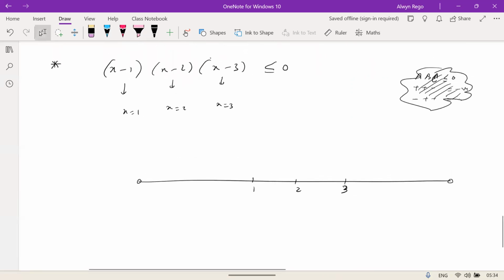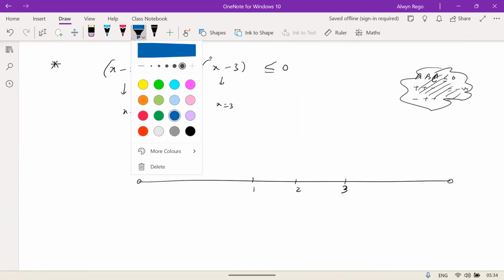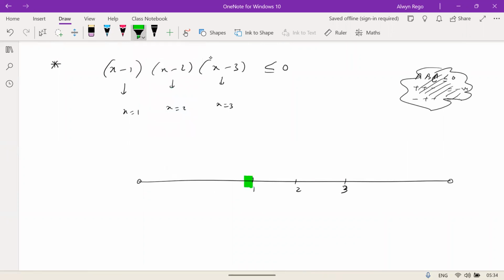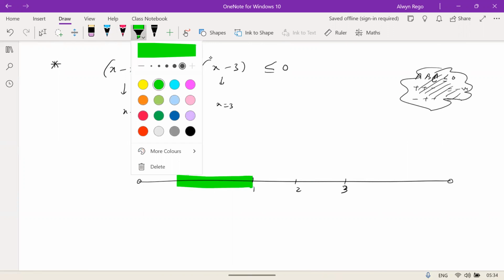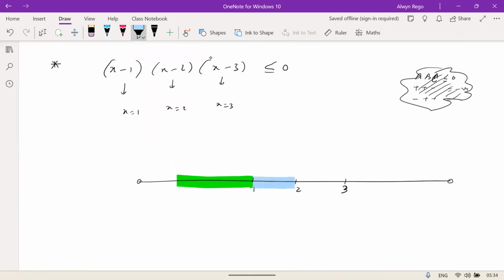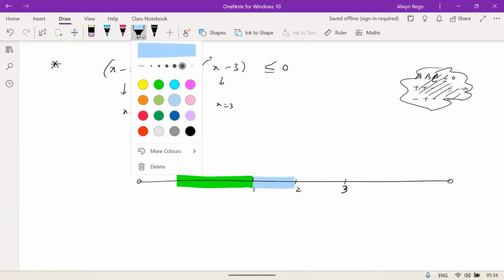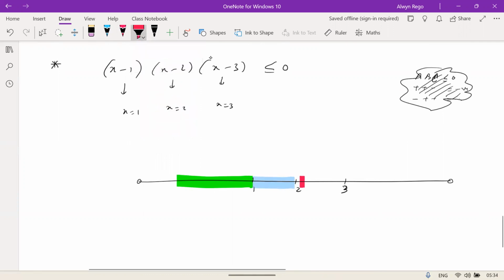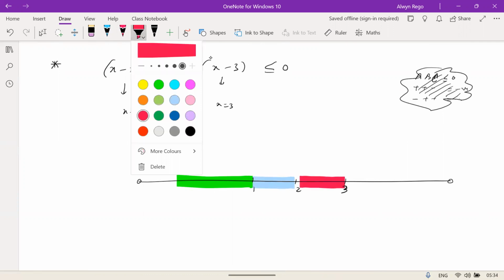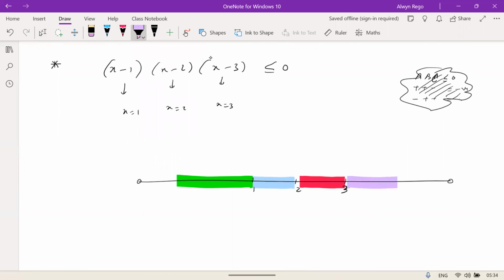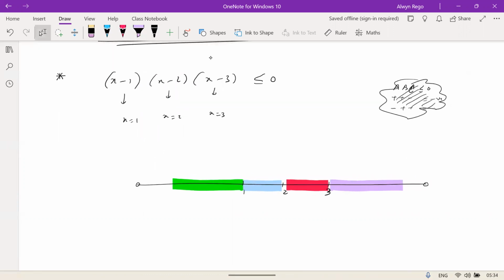So now I'll substitute a value in each zone: zone number 1, zone number 2, zone number 3, and zone number 4 here. I'll consider a value less than 1, let's say I take the value 0, for example.